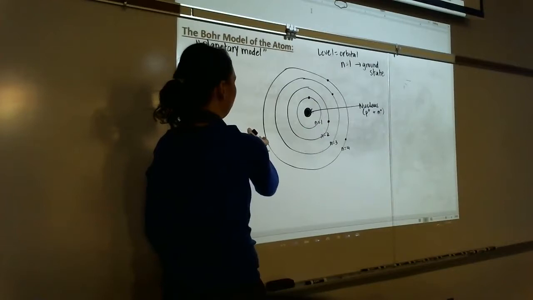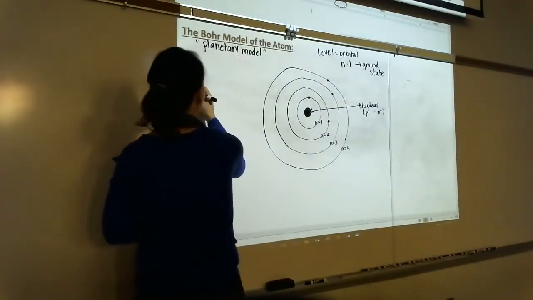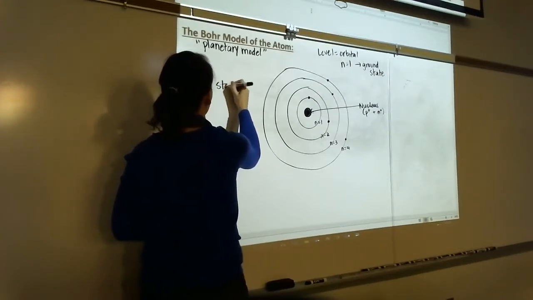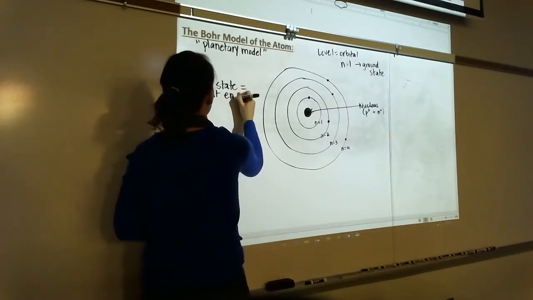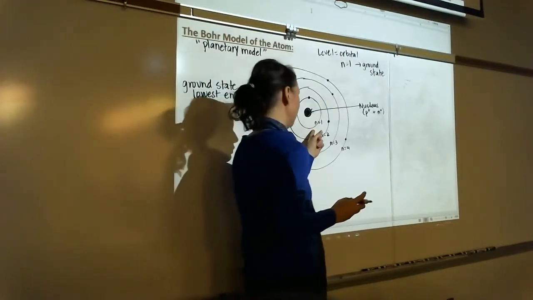In the Bohr model, each orbital has energy associated with it. So ground state is the lowest energy. It takes the least amount of energy to occupy n equals 1.